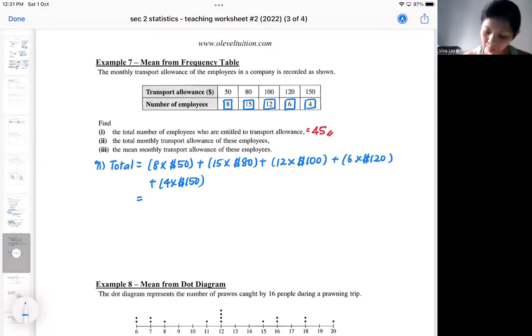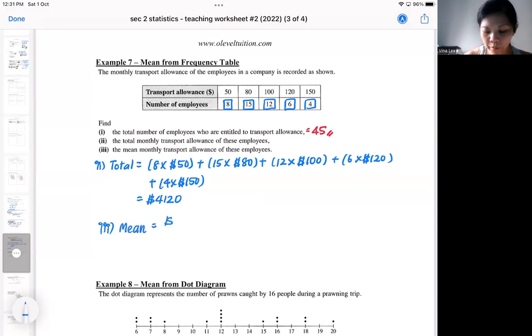actually doing all this. So this is the total amount that the company gave to the employees. So this is the total amount given to 45 employees. So if you would like to find the average, 4120 is the total allowance given to the 45 employees. So what is the average?